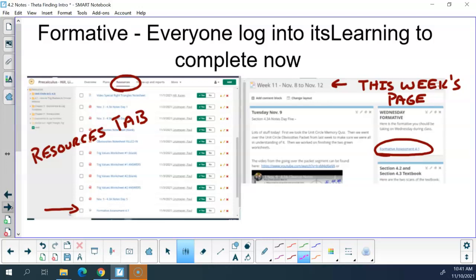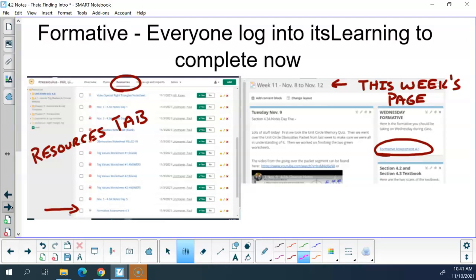Now, there are multiple spots that you can find this formative quiz once you get into the It's Learning pre-calculus page. Okay? First off, right off the start, it's under your plans. Okay? It's under the plans on the left side. It also should be a task for you to do on the right side of the first page, or of the initial page.